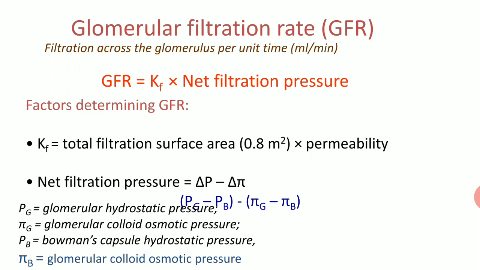This will oppose the filtration, and glomerular capillary pressure will cause the movement of fluid outside of the glomerulus, and similarly the osmotic pressure of the glomerulus and the osmotic pressure of the Bowman's capsule. These are the Starling forces which are important for regulating net filtration pressure.